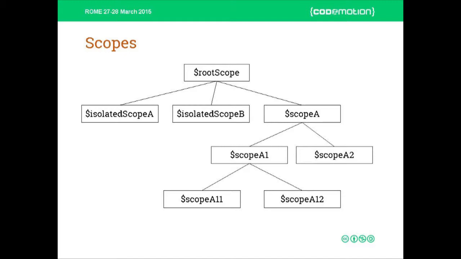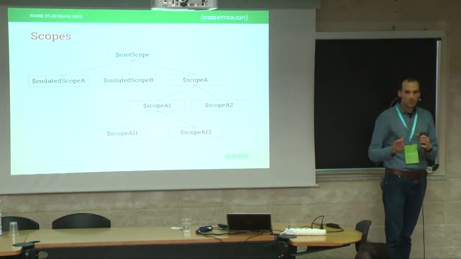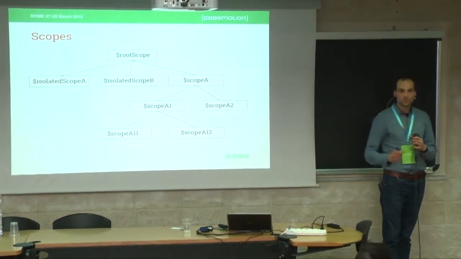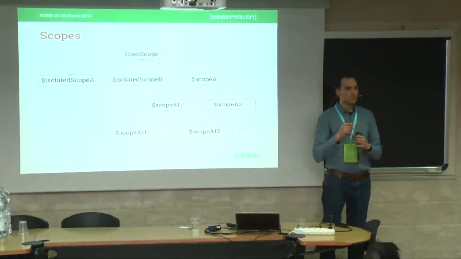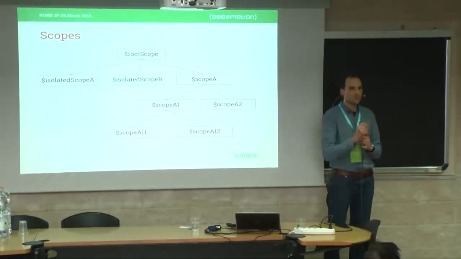The idea is that once you bootstrap your application, you get this root scope. And from this root scope object, which is a plain JavaScript object, you can create children. These children help you to slice your code, to isolate pieces of your code.